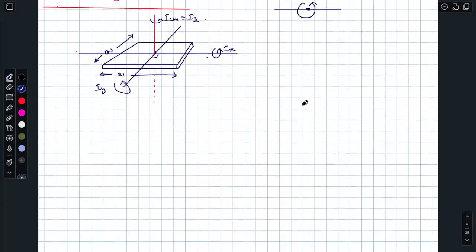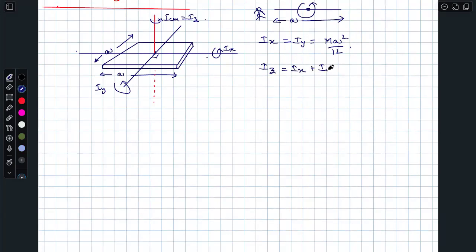So therefore, if I am viewing it from this side, I'll see that it is a thin rod of length A. So whether you choose Ix or Iy, it is simply M A square by 12. So therefore, I can say that Iz is Ix plus Iy, which is nothing but M A square by 6. That's the deal.